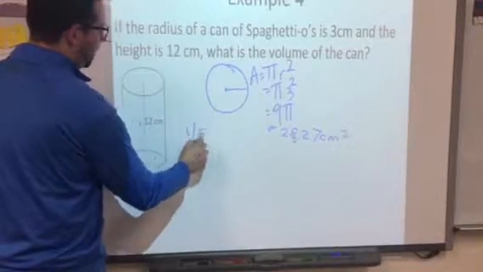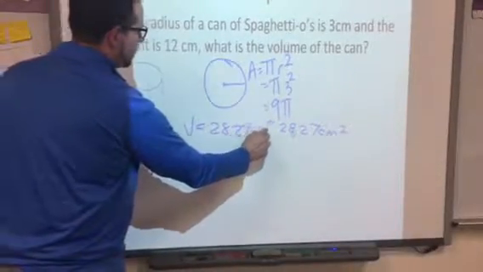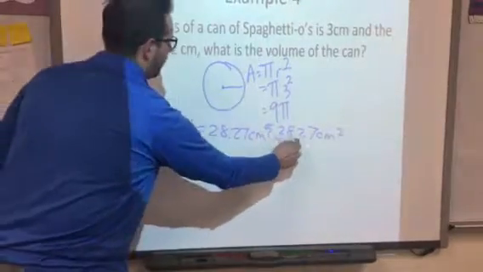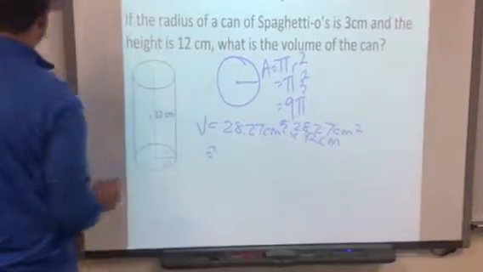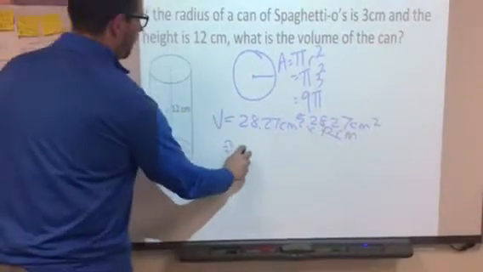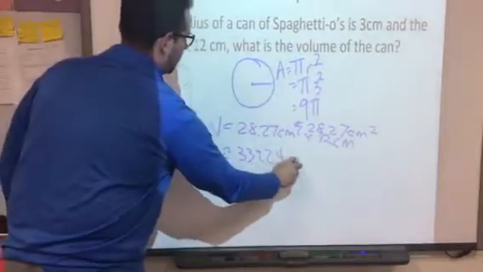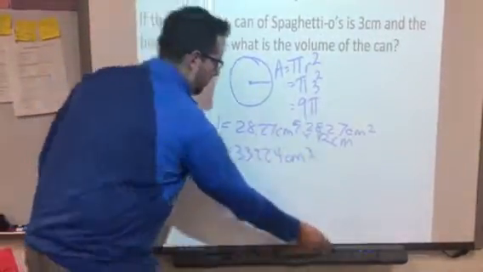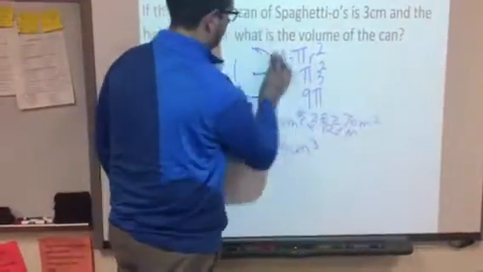So volume is equal to the area of the base, which is 28.27 centimeters squared times 12 centimeters. And that's going to equal approximately 339.24 centimeters cubed. Now try the example in your notes.